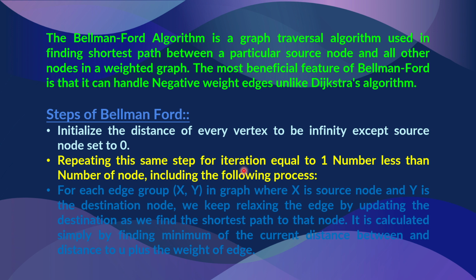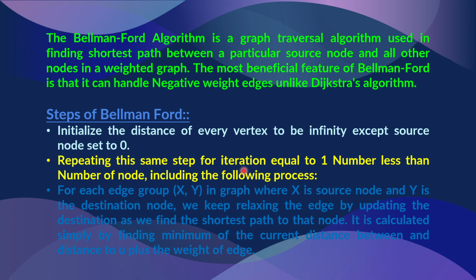First, initialize the distance of every vertex to infinity, except the source node, which is set to zero. Then repeat a process n minus 1 times, where n is the total number of nodes in the given graph.